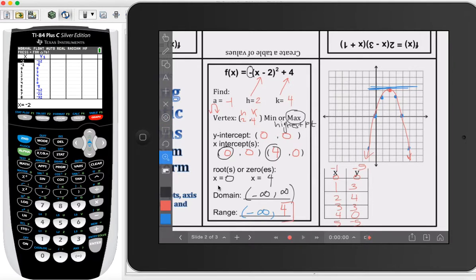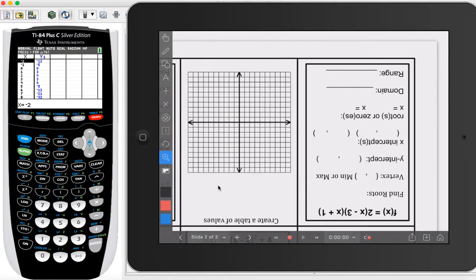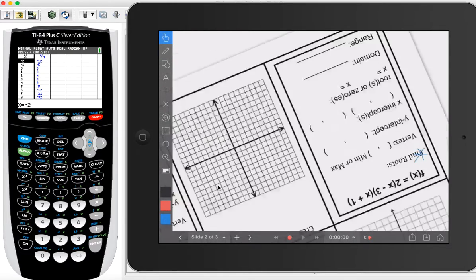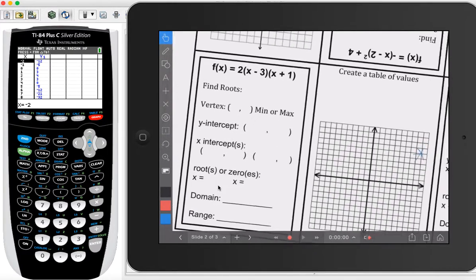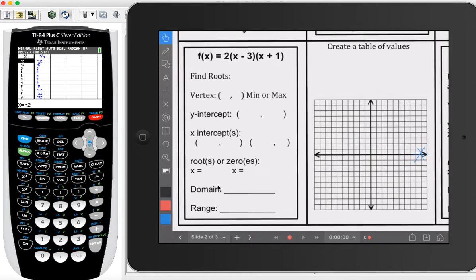do this next example on your own, and the next example is going to be this. So let me turn the page, and let's go ahead and do this one together.